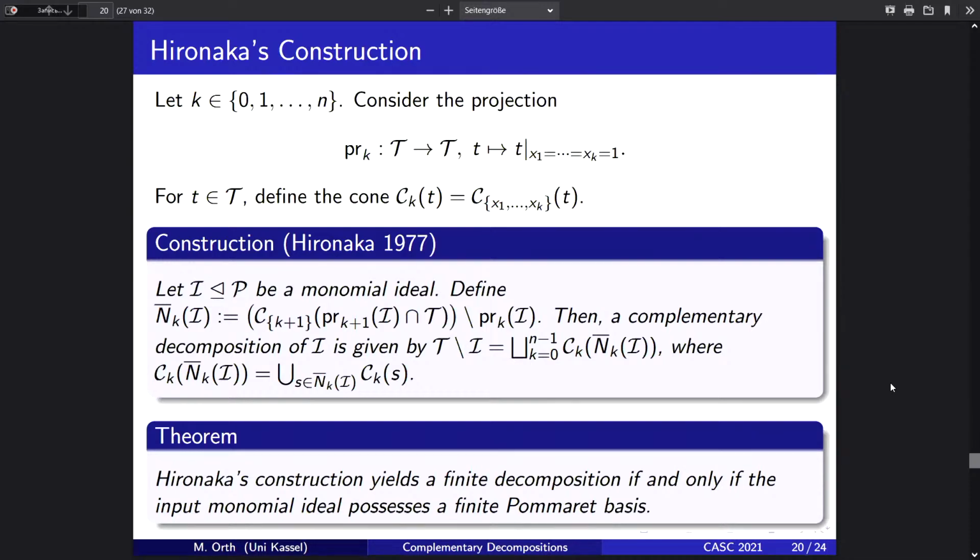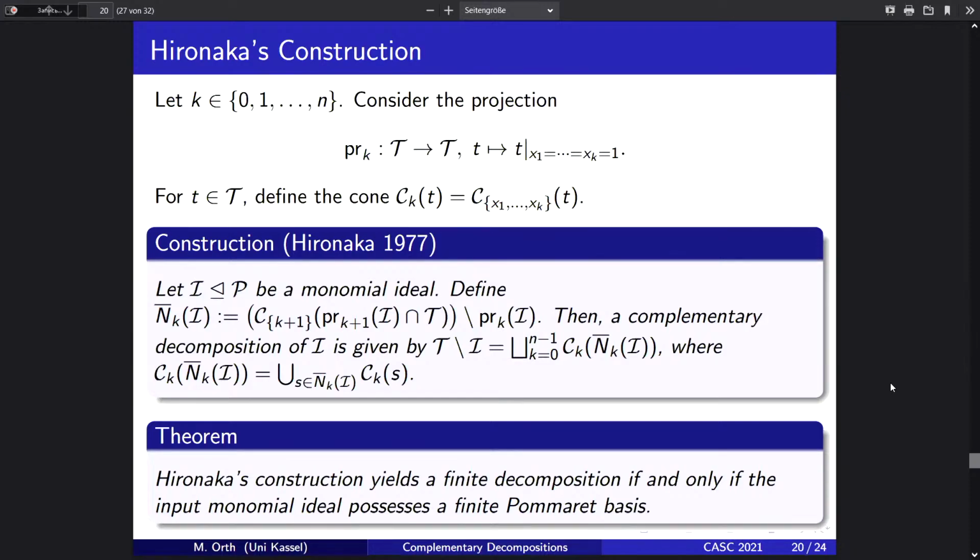In a certain sense, a second distinct part of our work is the following. Namely, Hironaka in 1977 also defined a construction for complementary decompositions of monomial ideals.